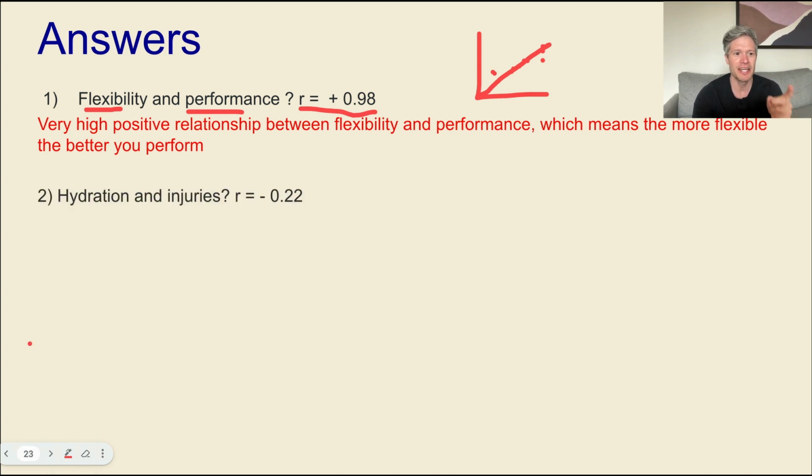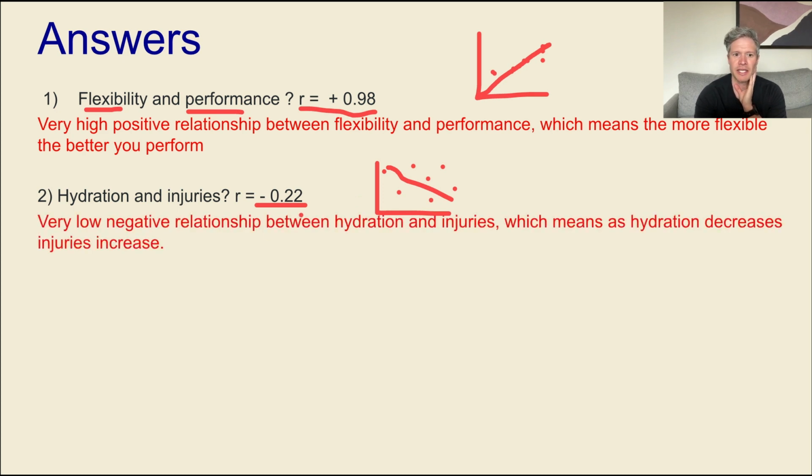This is an example: hydration and injuries. What happens here? Well, there's a negative 0.22. So 0.2 is 20%. That's pretty far from 1, but it's negative. So it looks something like that. And again, there's maybe some relationship, but it's really weak. Maybe we got one over there. So what are we saying when we're saying that? Well, we're saying that there's a low relationship based off of the 0.22, not the negative sign. I want to make that really clear.